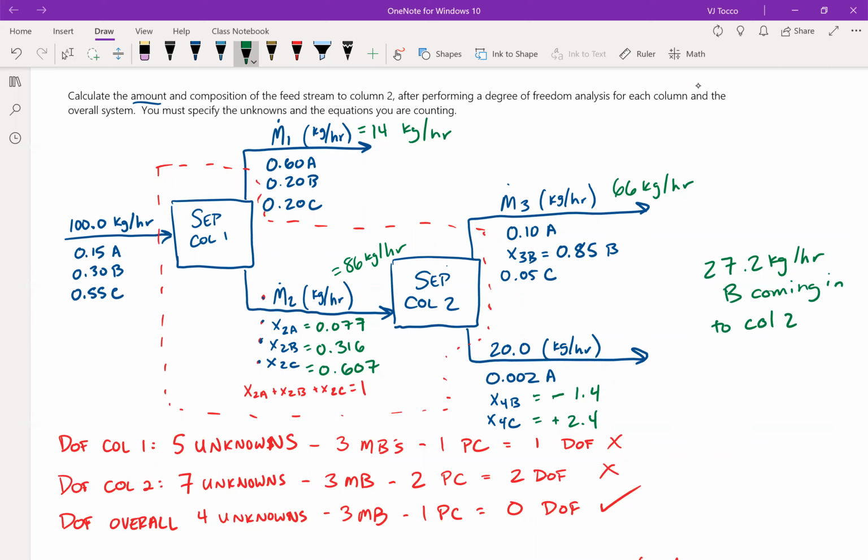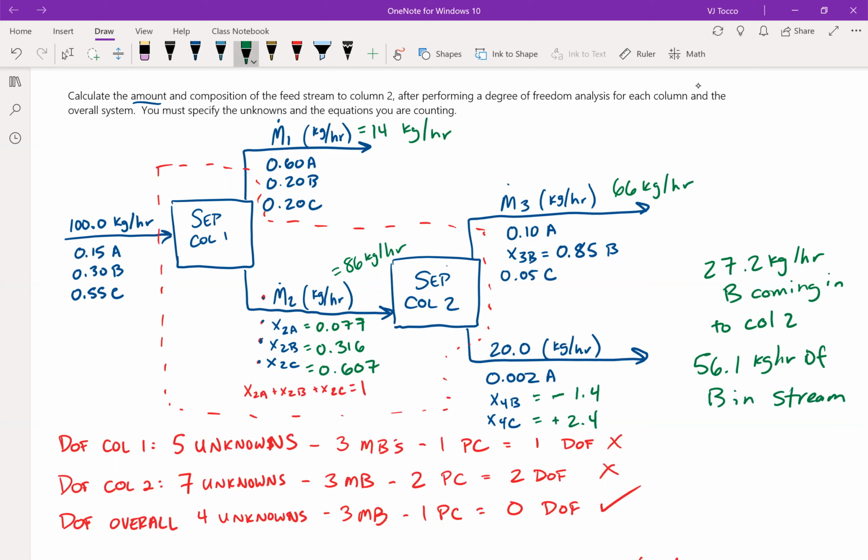And if I calculate what I have coming out in the top stream, 66 times 0.85 is 56.1 kilograms per hour of B in stream 2.